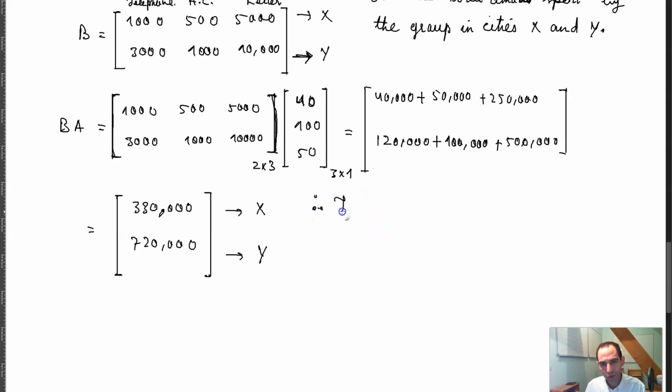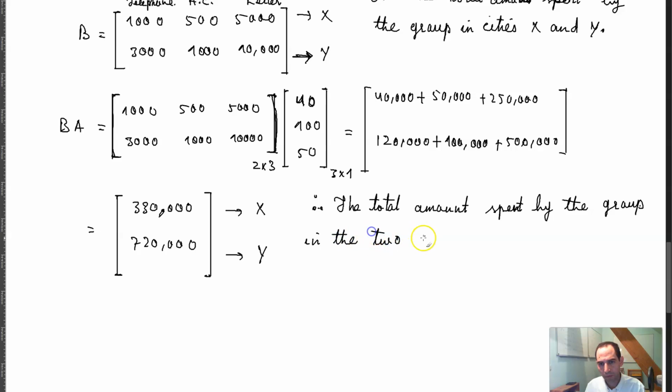Therefore the total amount spent by the group in the two cities is 340,000 paisa and 720,000 paisa.